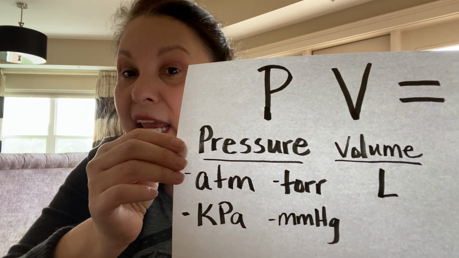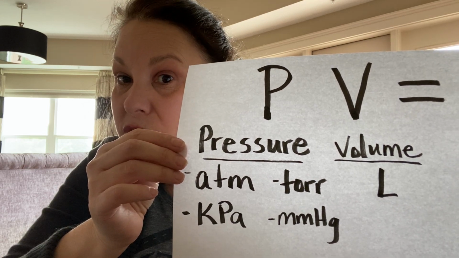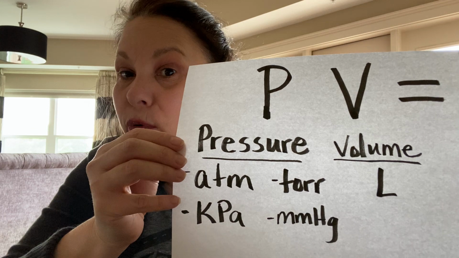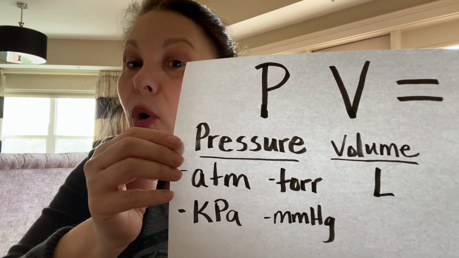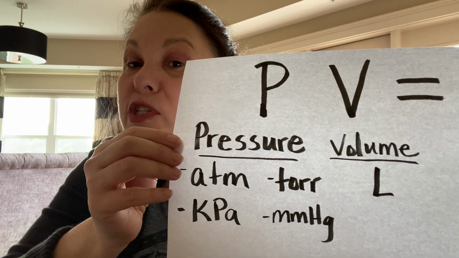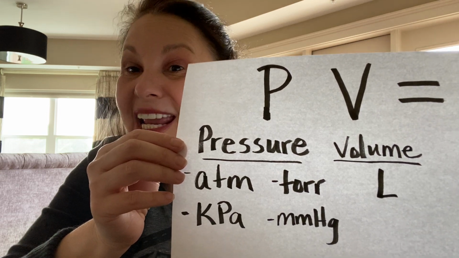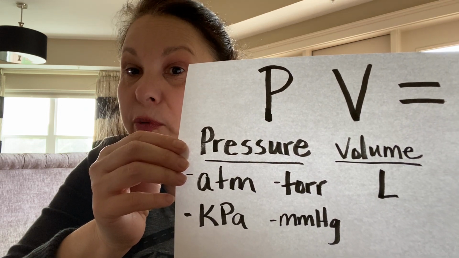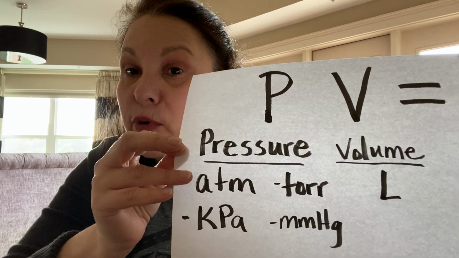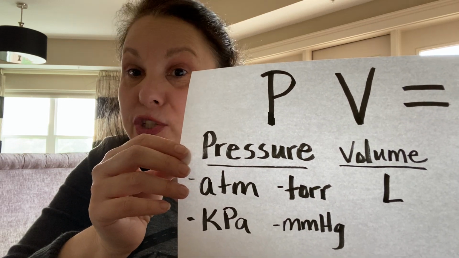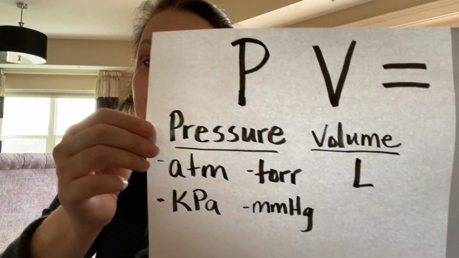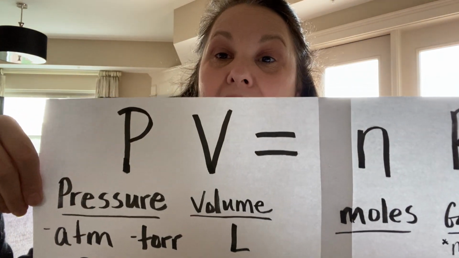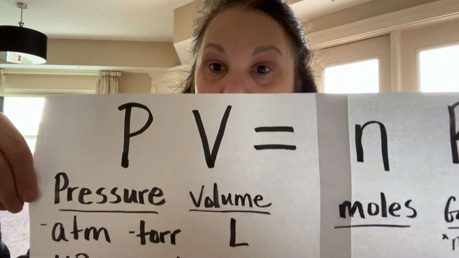It will either be ATM for atmospheres, kPa for kilopascals, torrs, or mmHg, which is millimeters of mercury. Any number that is followed by any of these units will be your pressure number, and it would go in this spot.